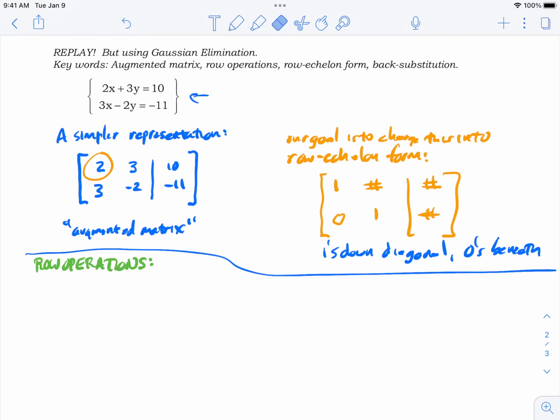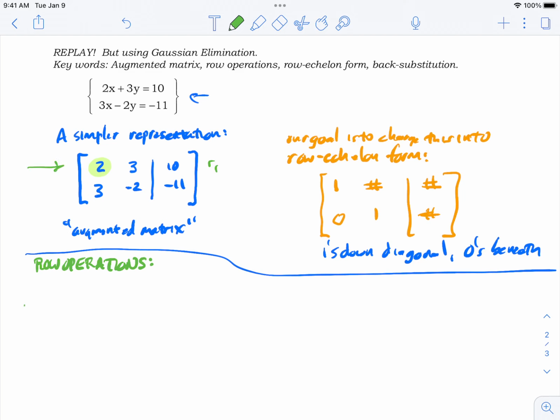Our first target is to make that into a 1. And in the background, you have to keep in mind this row 1 represents an equation. So really, I'm changing this 2x into an x for this equation.